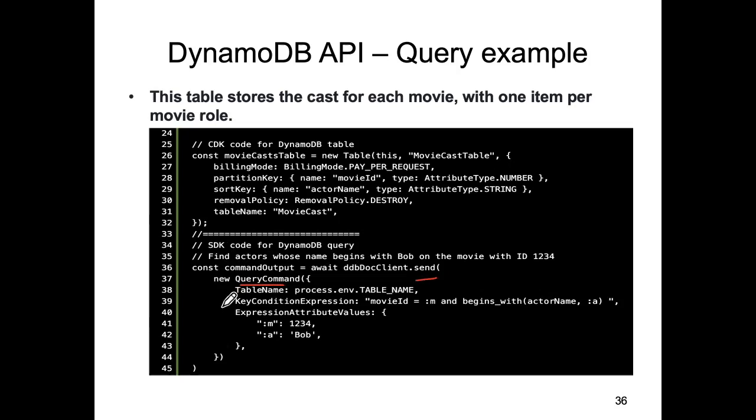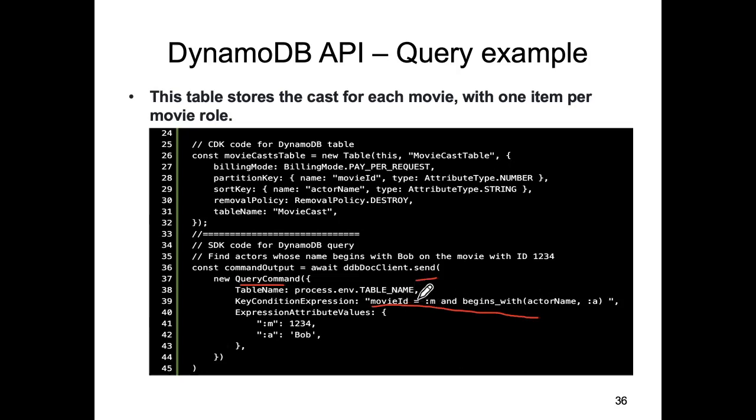You express it as a statement like this. This is a bit like a where clause in the SQL world. I'm saying I'm only interested in movies where the movie ID is equal to a specific value. This is just a placeholder or a variable name in this overall expression.